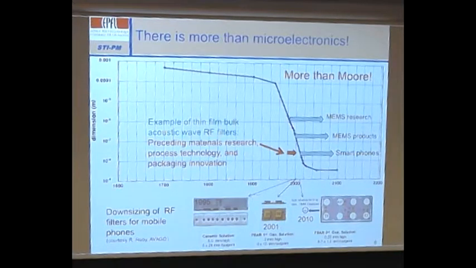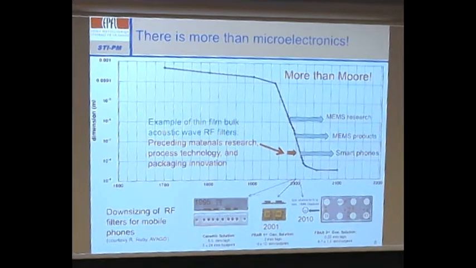And so it was a very big task of the companies to make RF filters and to downsize them. And here is a very nice example, made by Rich Ruby from Avago. Nowadays, they were swallowed by Broadcom, so now it's Broadcom Avago.